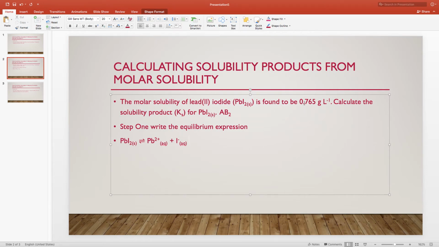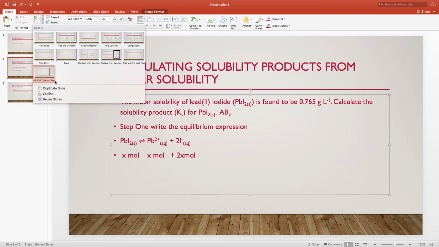So if we look at this, for X moles of lead iodide, we're going to get X moles of lead, but we're going to get 2X moles of iodide ions, and we have to keep this in account.